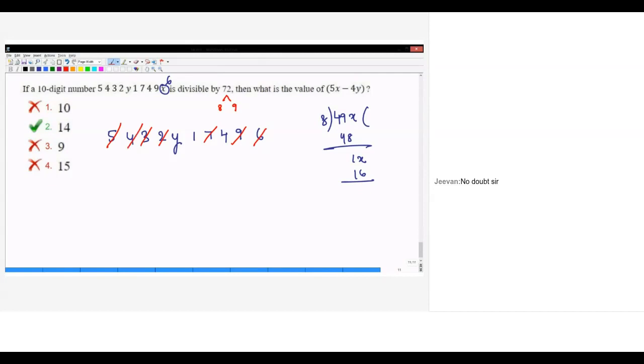What is left? 1 plus 4 is left, which is again 5 plus y. Y is 4. Therefore, substitute it. 5 into 6, 30 minus 16, 14 there.